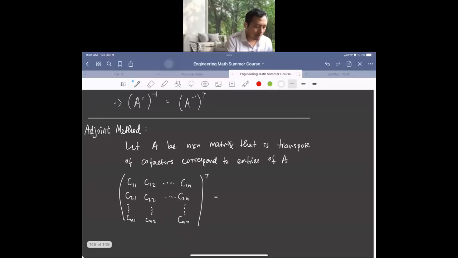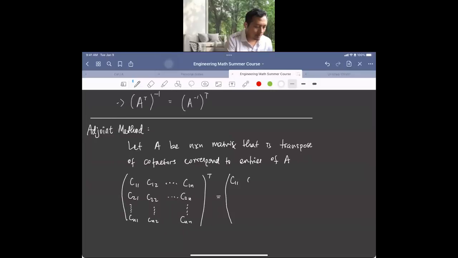We transpose this, and this will be C11, C21.